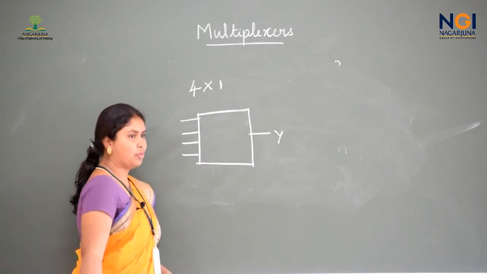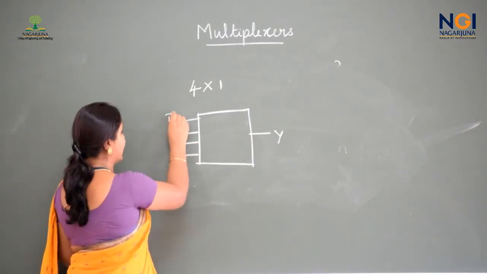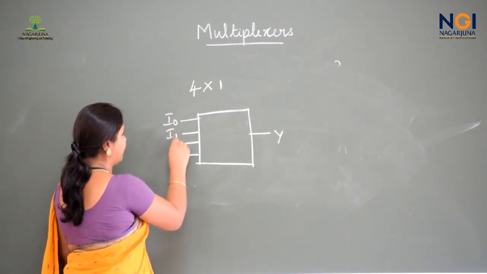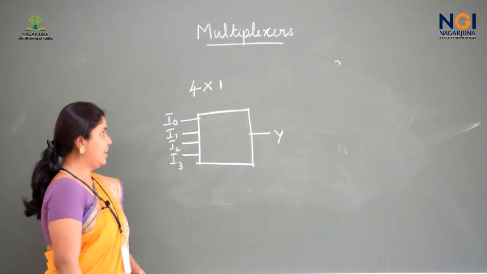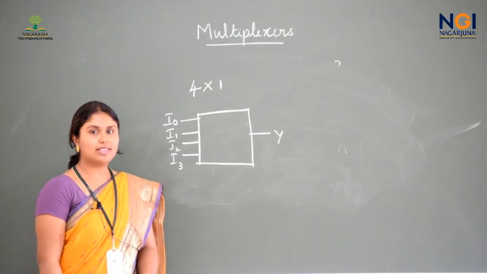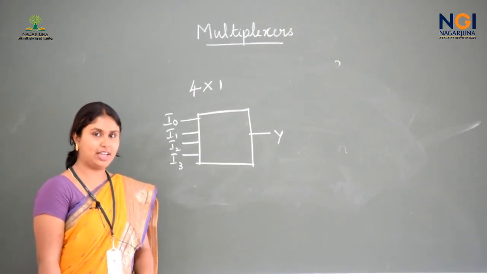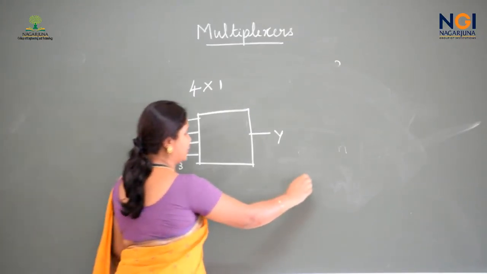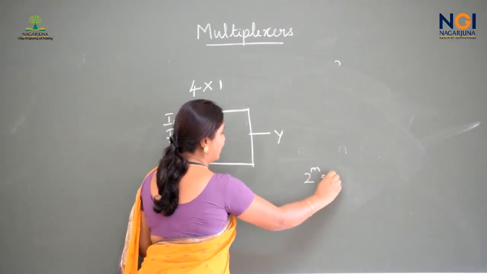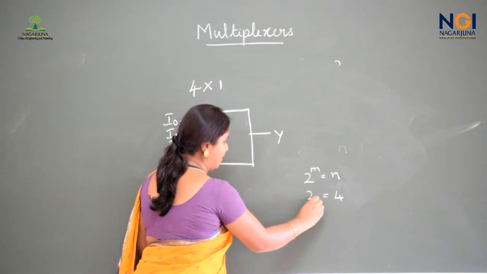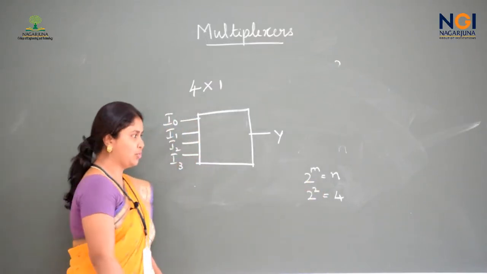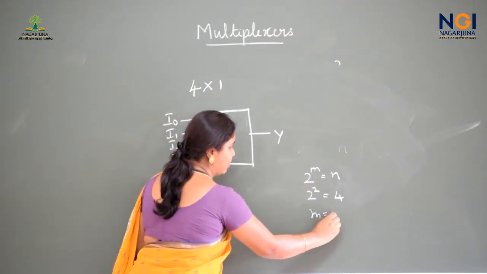Let me call the output Y and the 4 inputs I0, I1, I2 and I3. If I have 4 input lines, how many select lines should I have? That goes with the relationship 2 to the power of m is equal to n, where n is 4. Therefore, what is the value of m? It should be 2 to the power 2. The value of m is equal to 2.